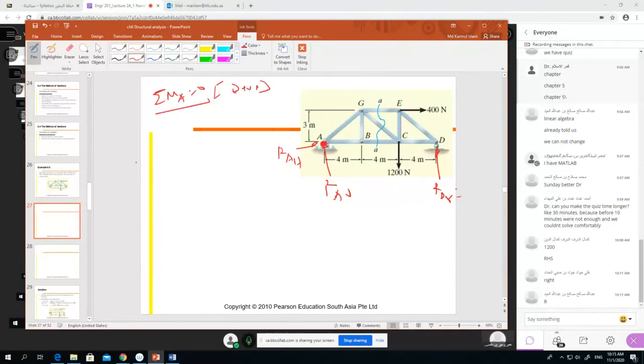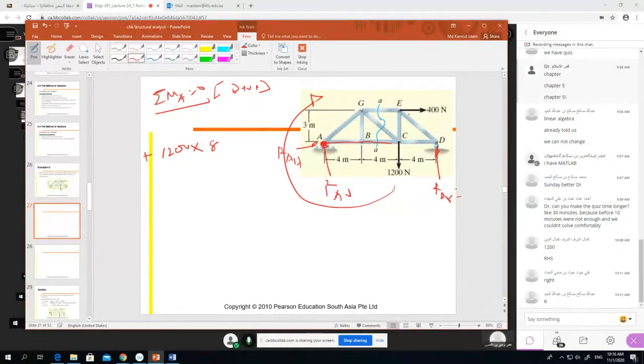Summation of moment at A. If you take moment at A, what do we have? First, we have the 1200 force. 1200 into distance 8, and this is rotating anti-clockwise, so plus.